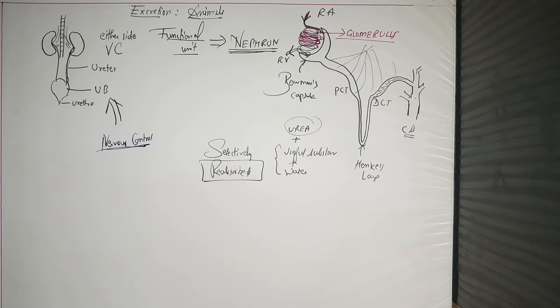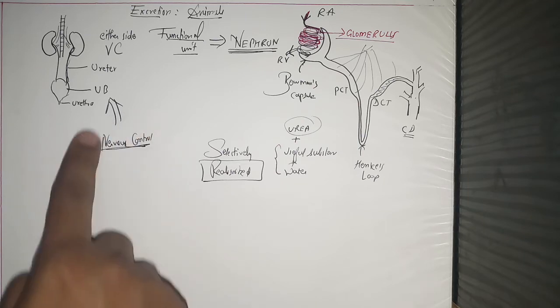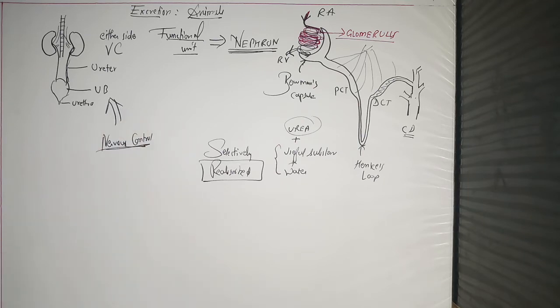Whenever in class you tell the teacher, yes ma'am or sir, I want to go to the loo, generally teachers don't allow. So you can control your urine because of this urinary control. Important thing: the urinary bladder is under the control of the nervous system.